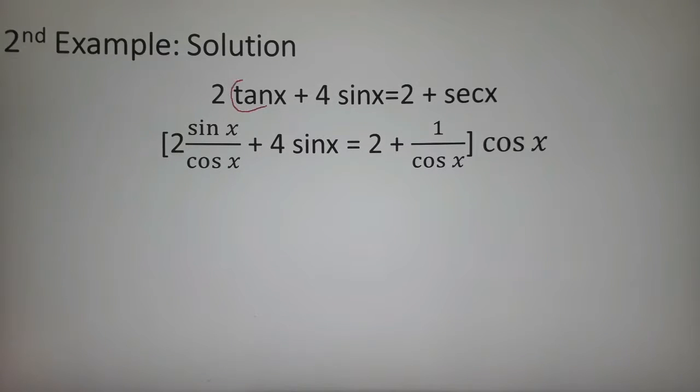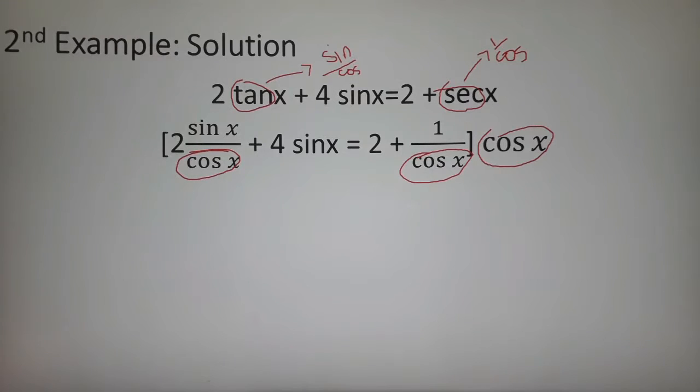Next, sine x equals 2 plus secant x. You have to remember tangent is equal to sine over cosine, and secant is equal to the reciprocal of cosine. So you can see that cosine x is the same, so you cancel it out and multiply all terms by cosine x.